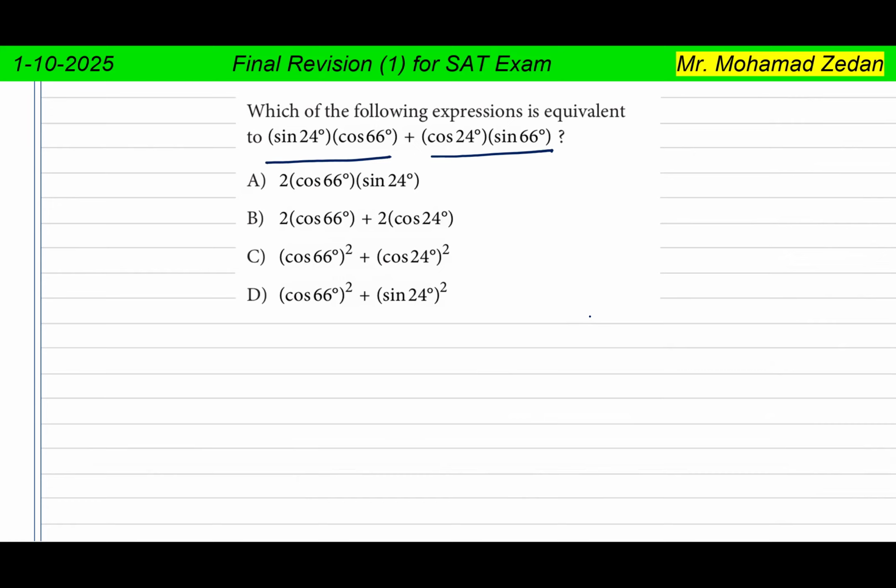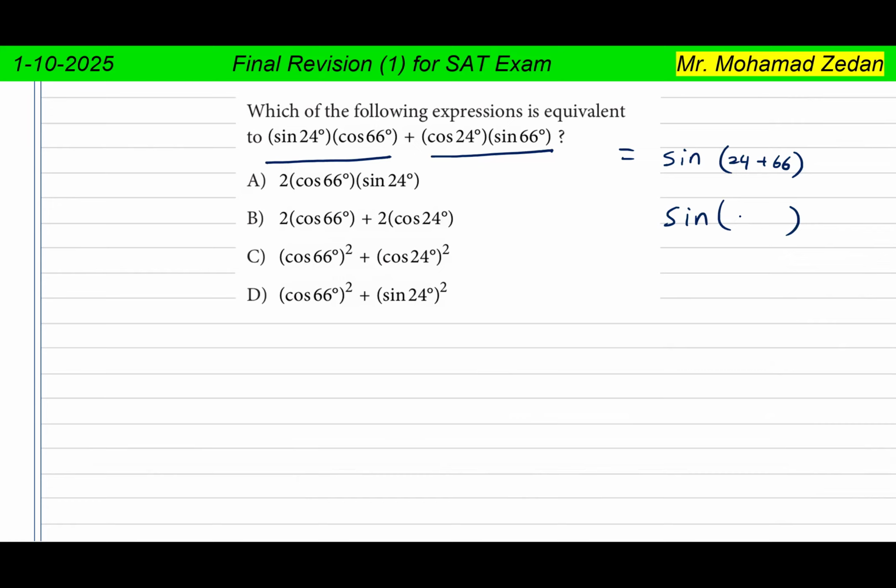Sine cosine plus cosine sine is really the sine of the sum of the two angles. So do you have in the options sine of the sum of these two angles? Yes or no? What is the sum?